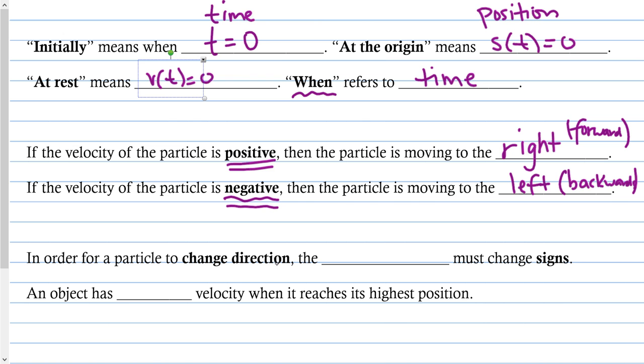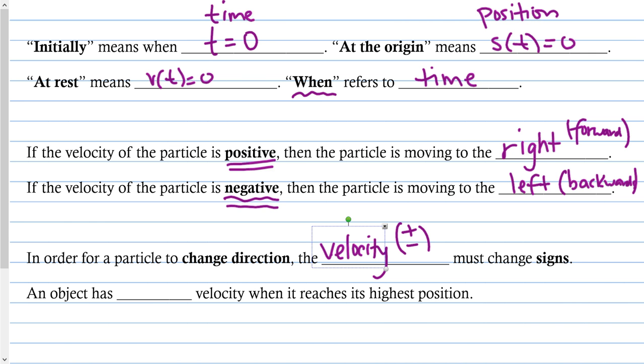In order for a particle to change direction, the velocity must change signs. So, like if it was suddenly positive velocity, and then negative velocity, so basically increasing and then decreasing, then the particle changes direction.